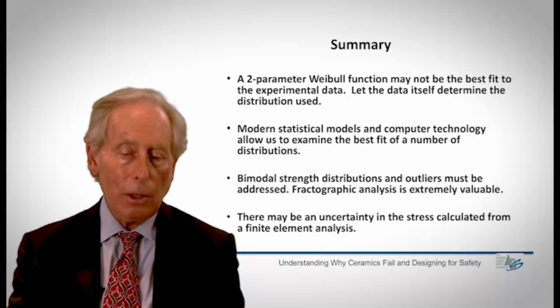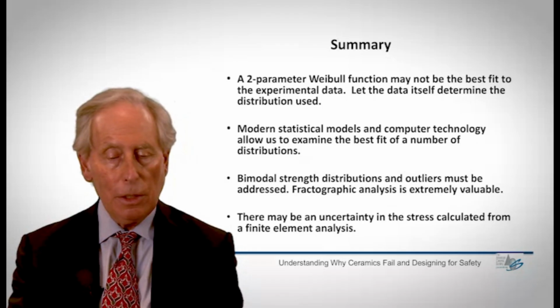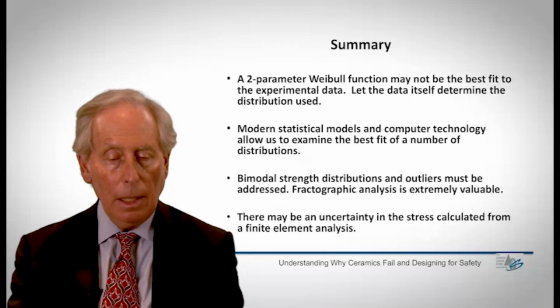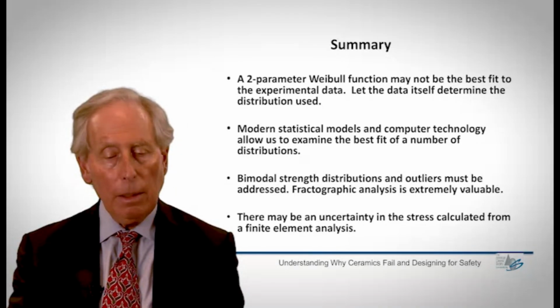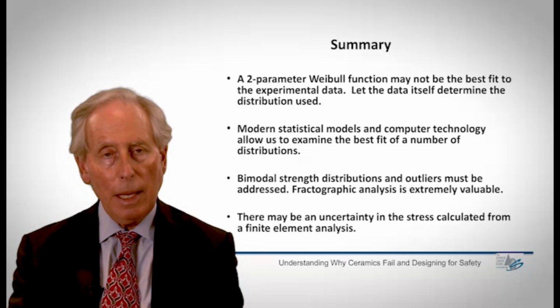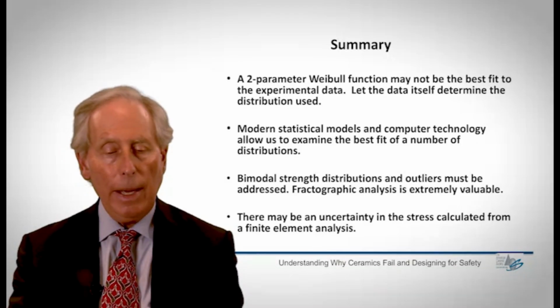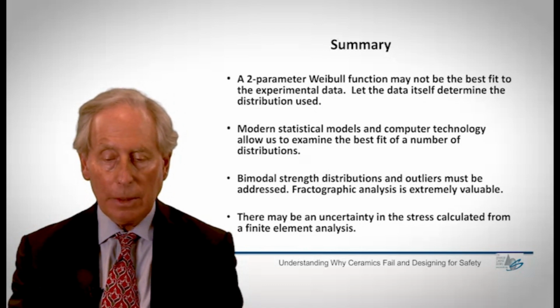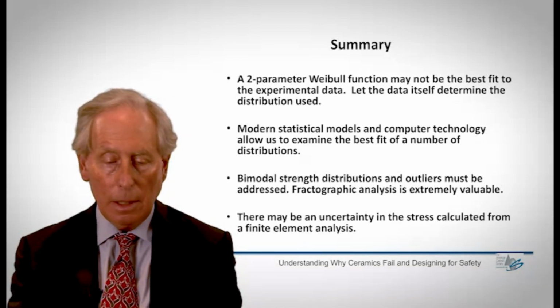Modern statistical models and computer technology allow us to determine best fits of numbers of distributions that we want to look at. One thing I didn't say earlier is that you have to look at the strength distribution and make sure that they're not bimodal, that is, that they're not failures from sources other than what I should expect in service, and any outliers you have to account for, and again, it comes back to the need for fractographic analysis.